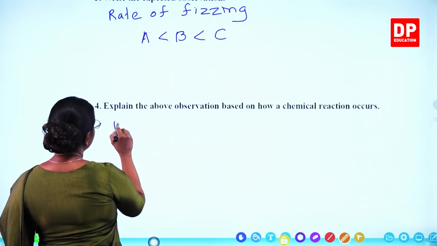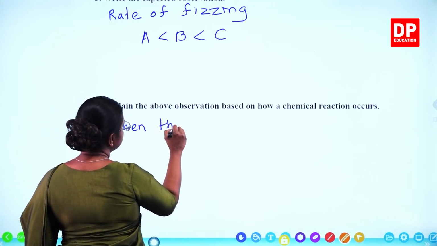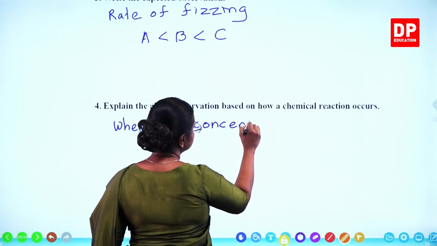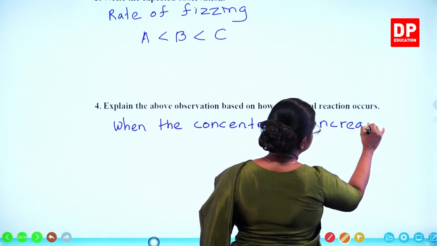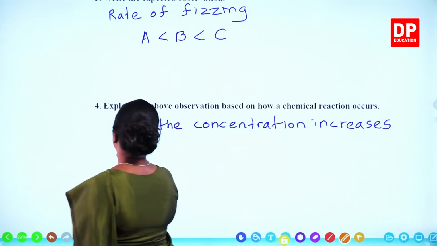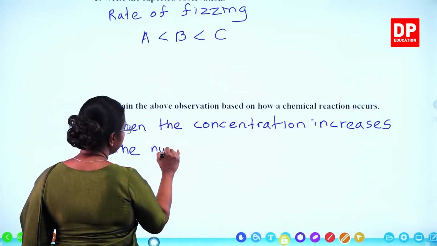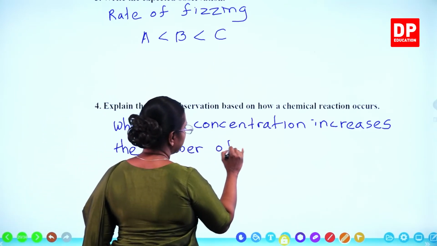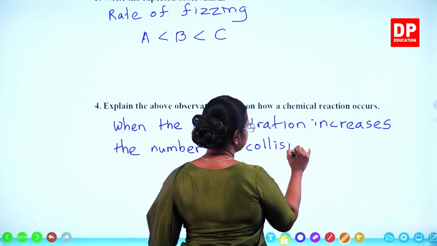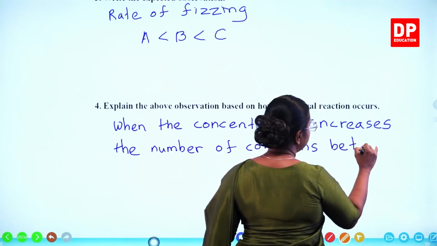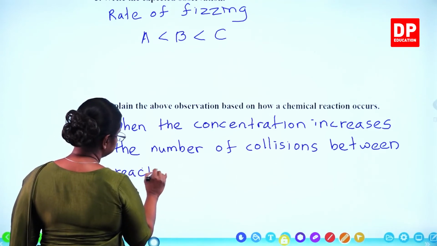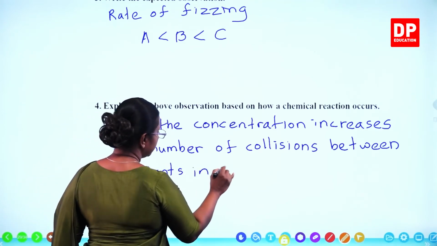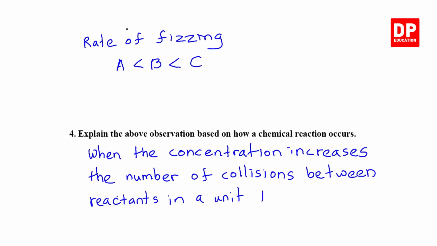So you can say, when the concentration increases, the number of collisions between reactants in a unit time increases.